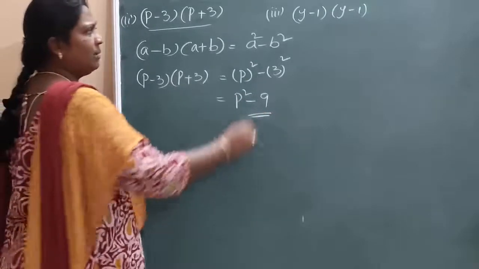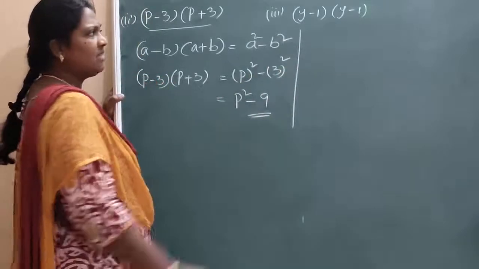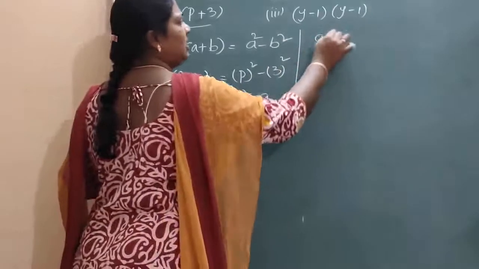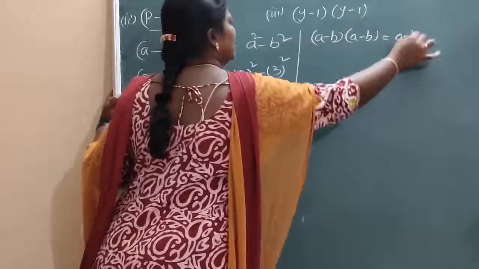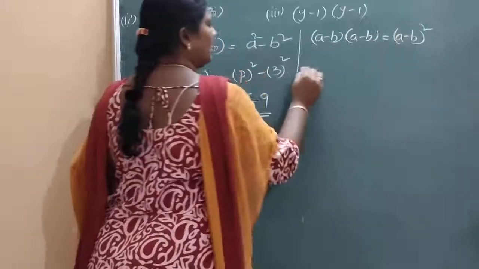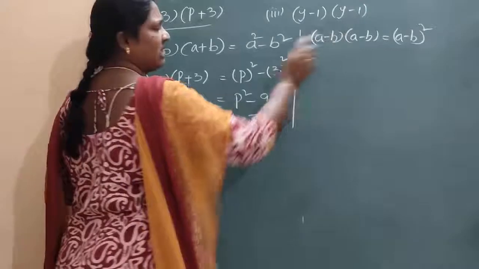And again one problem is there here. See, y minus 1 into y minus 1. It is in the form of A minus B into A minus B. What is A minus B into A minus B? That is A minus B whole square. So A minus B into A minus B equals A minus B whole square.